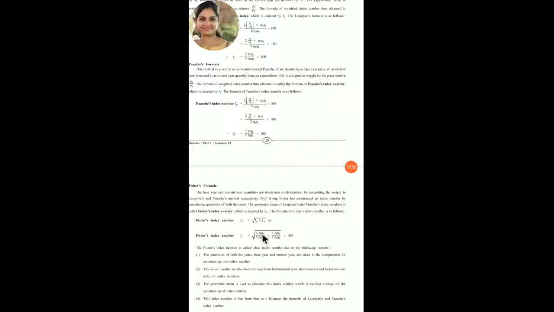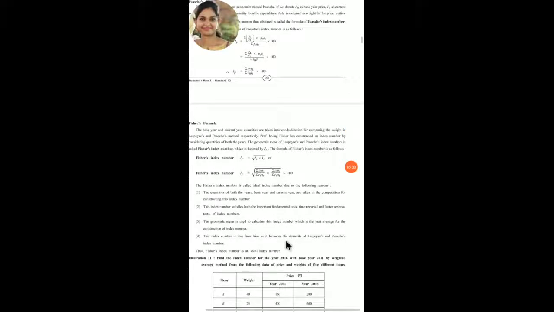The 1000 figure, it means sigma P1 Q0 upon sigma P0 Q0, into Paasche, it means sigma P1 Q1 upon sigma P0 Q1 into 100. In this formula we will not write the 100. Why? Because we already calculated IL. We will just put the formula of IL and IP here, and when we calculated IL and IP, we had already put the value 100. So in this we will not write 100, but suppose we are writing this formula, then we will write 100 outside of the square root, right?